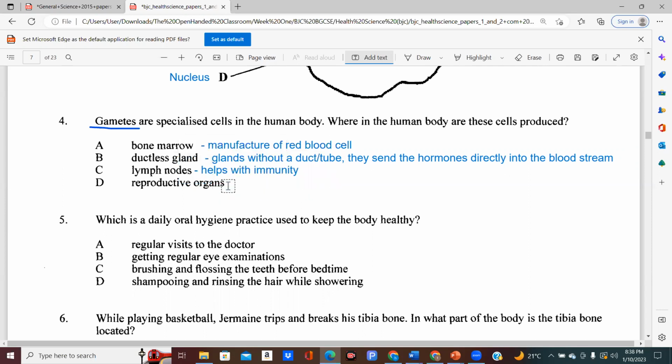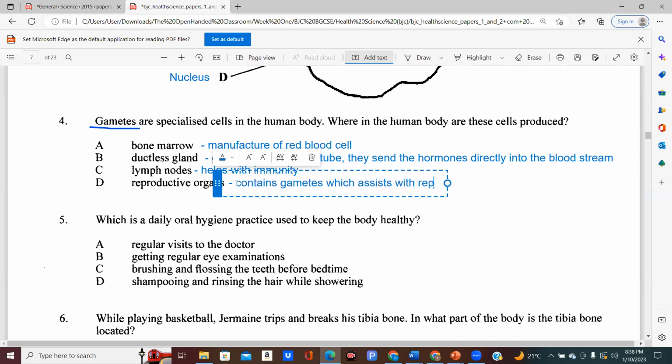And obviously the reproductive organs contain gametes, which assist with reproduction.